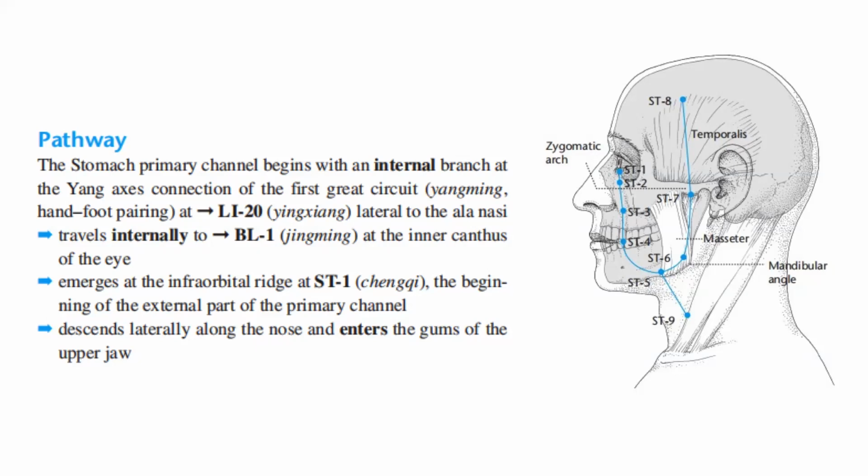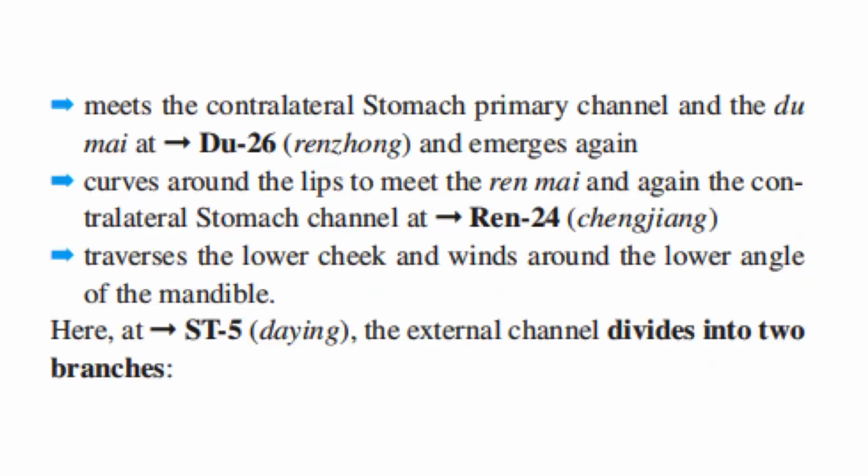Then it descends laterally along the nose and enters the gums of the upper jaw. Meets the contralateral stomach primary channel and the Du Mai at DU26 and emerges again.